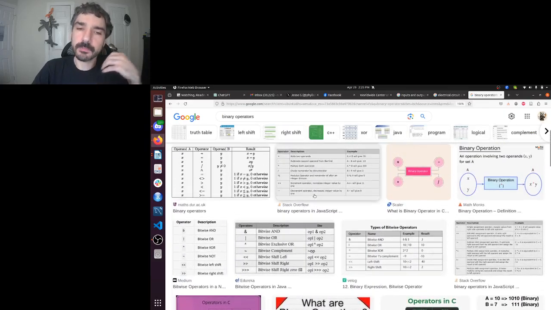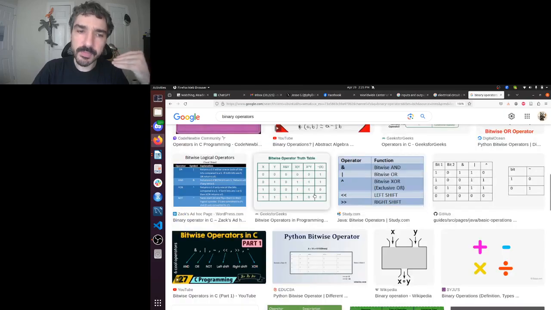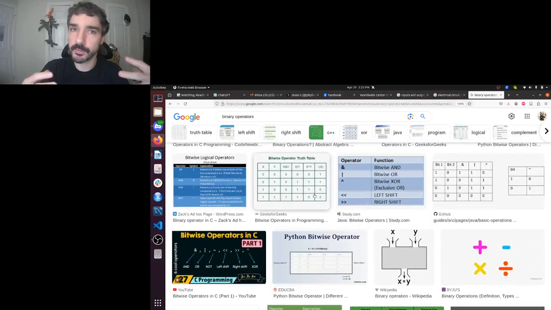Now, there's computer systems out there like quantum computer systems and photonic computer systems.